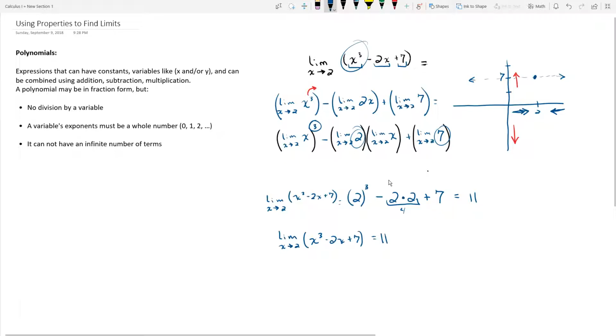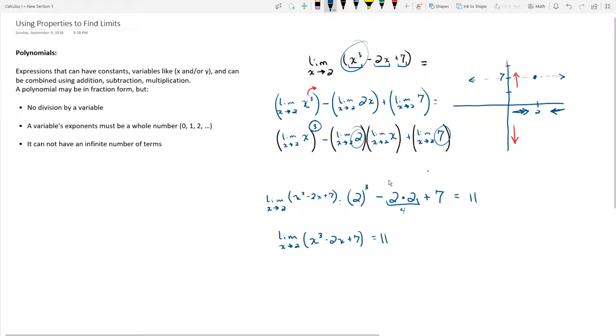So we can have constants such as a 4. We can have 4x. We can have 4x squared. We could also have that being added to a 2y minus 1. That would be a polynomial. And it's for expressions that are added, subtracted, or multiplied.